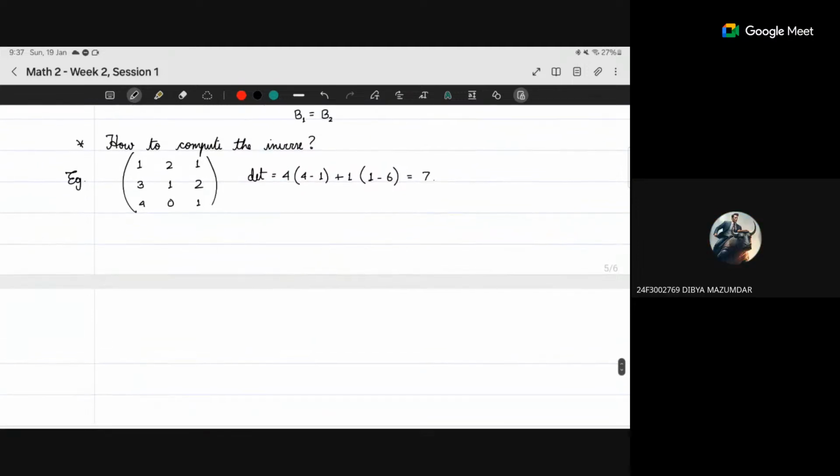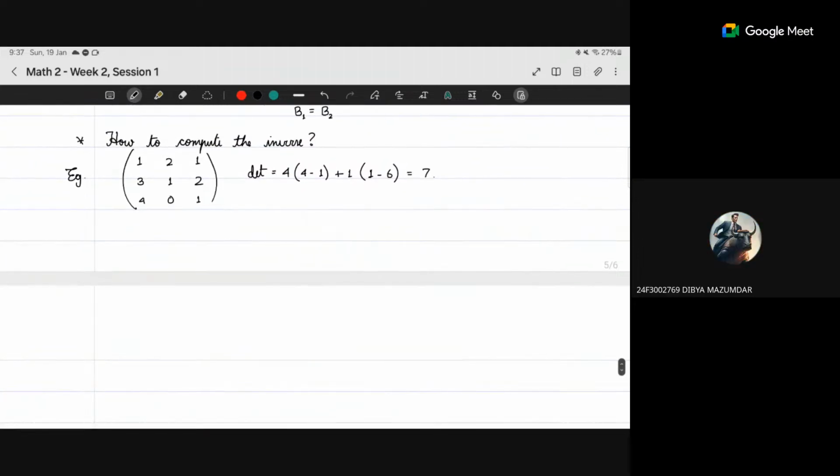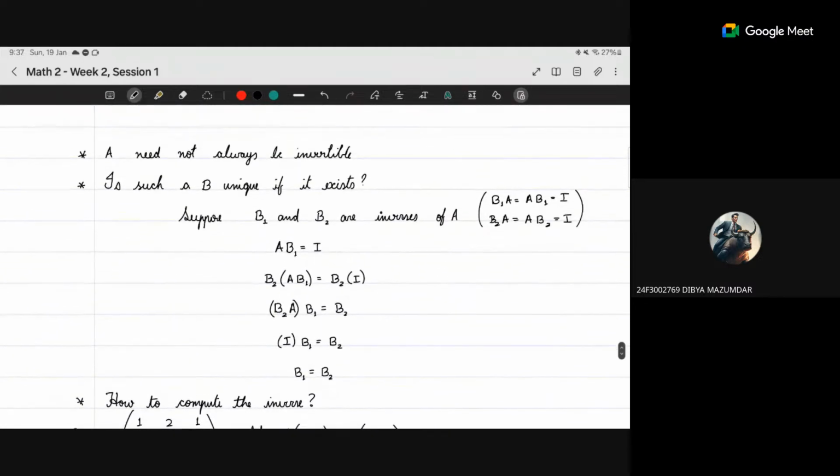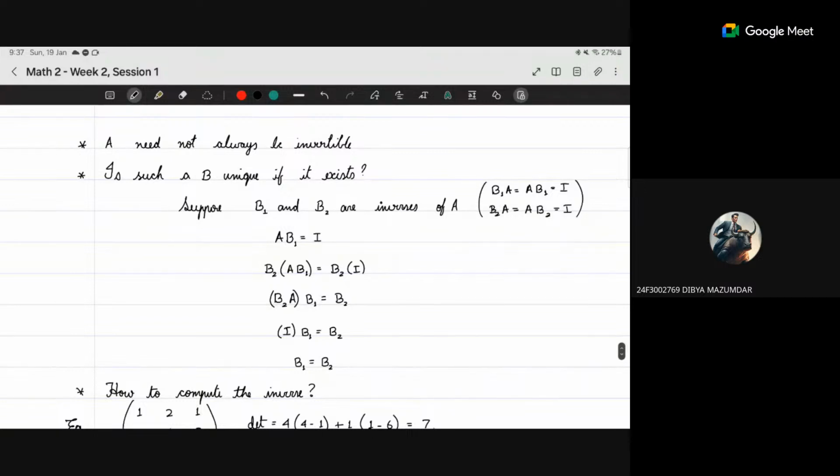In the conditions you have described just above, sir, here you are assuming those conditions, no? Which one? The second one, B2A into B1. You are assuming this condition. The question that I'm trying to answer is this: if an inverse exists, is it unique?